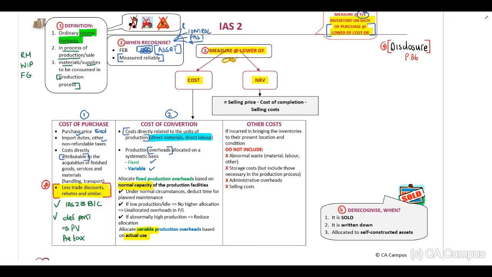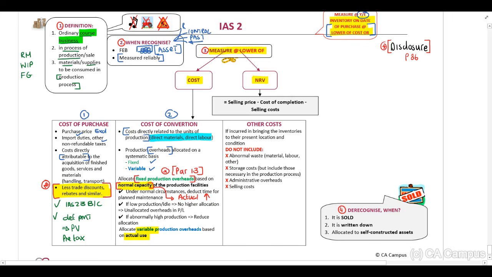Now, important, guys, your paragraph 13 of IAS2, I want you to ensure that you read this paragraph. Your fixed production overheads shall be based on the normal capacity, except, guys, when your actual capacity is significantly higher than the normal capacity.